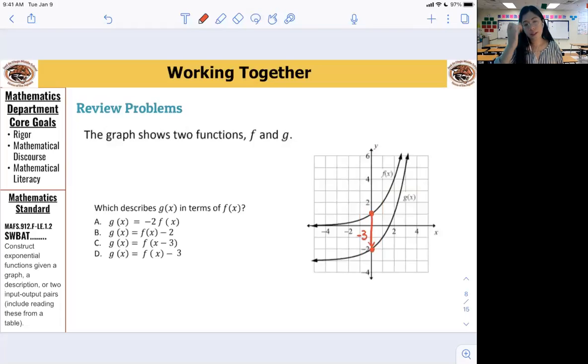C and D. C and D look great. But between C and D, we just got to remember that the way function notation works, the way these types of problems work, is it's got to be outside of the parentheses. In this case, this is telling me to go down 3 units. What is C telling me to do?